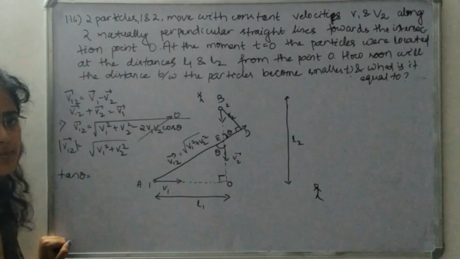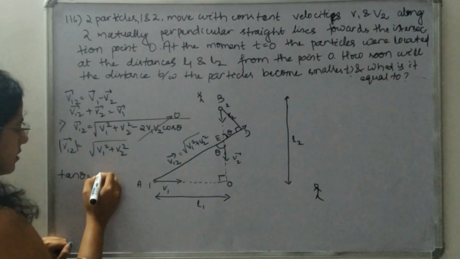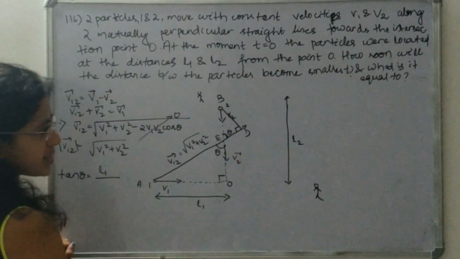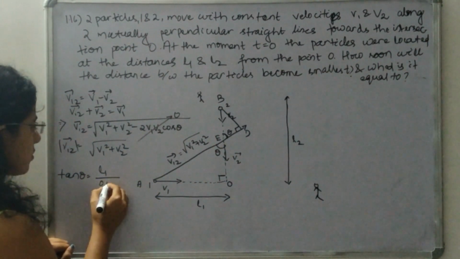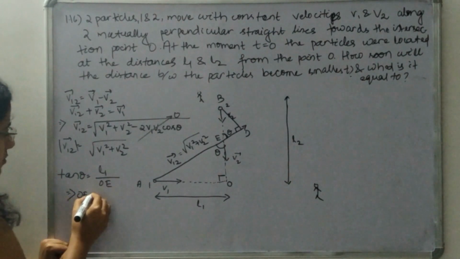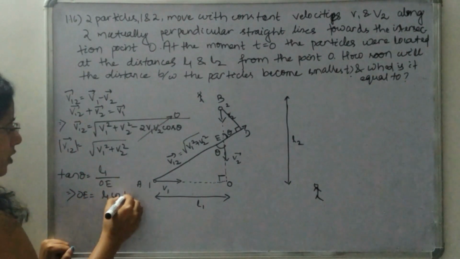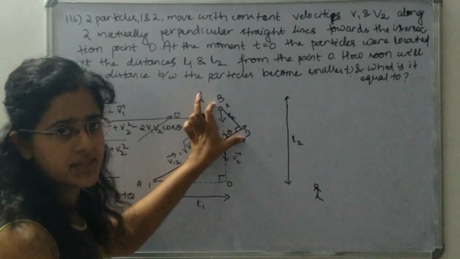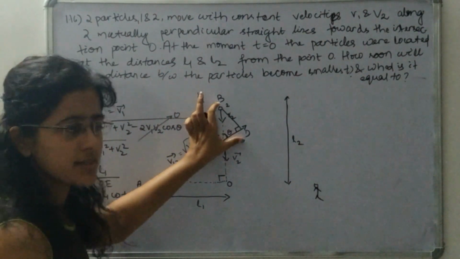P divided by B, that is L1 divided by OE. So OE is how much? L1 into cot theta. We have to find this BD distance, that is the smallest distance between these two particles.